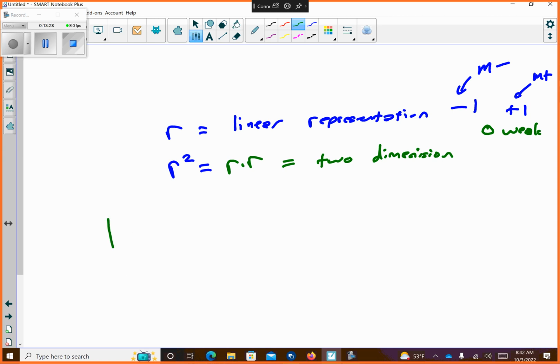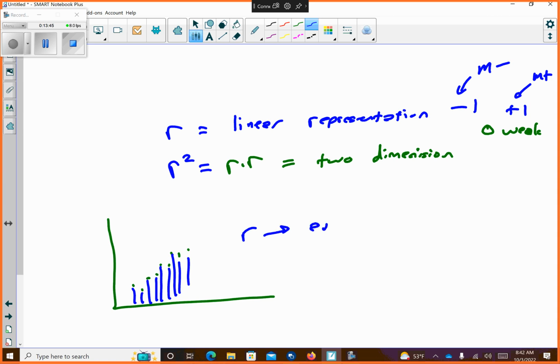If I had plotted data, in order to get my R value, I'm going to take the average vertical distance. So the R is the average vertical distance. And it's a huge equation. Fortunately, Desmos will do it for us.